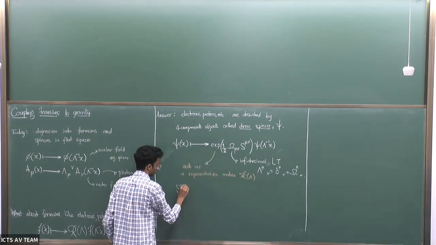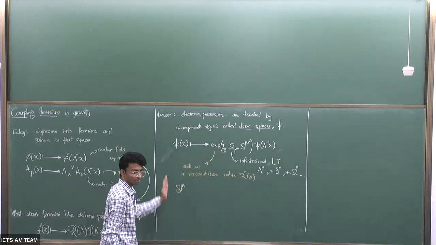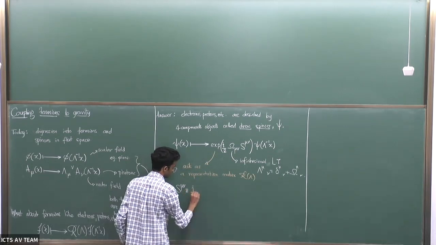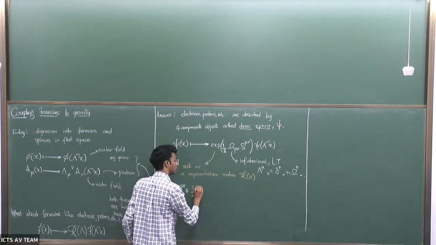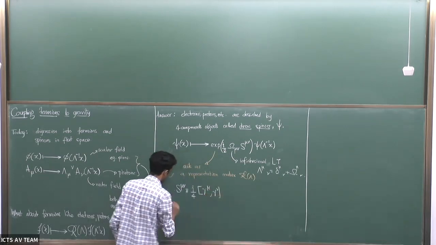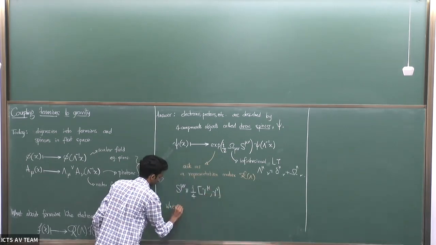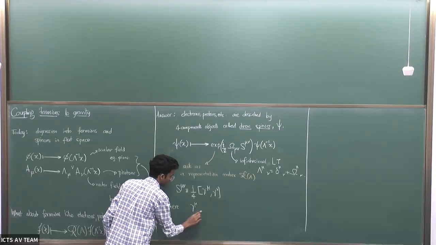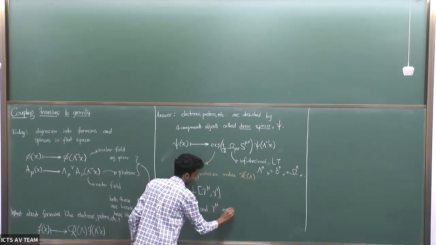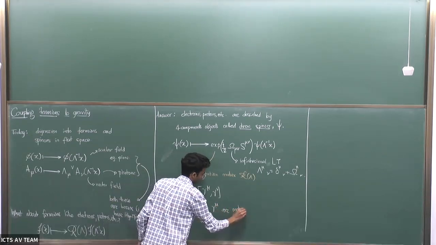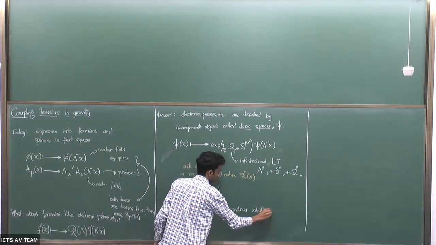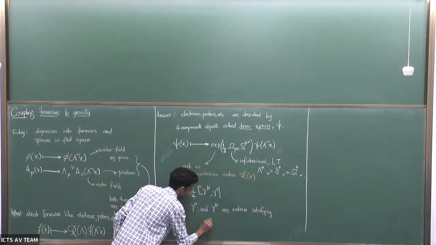Now, this is why I said this construction will seem a lot to take in for the first time. But S mu nu is 1/4 gamma mu, gamma nu commutator, where gamma mu and gamma nu are matrices satisfying an algebra called the Clifford algebra, which is just this.